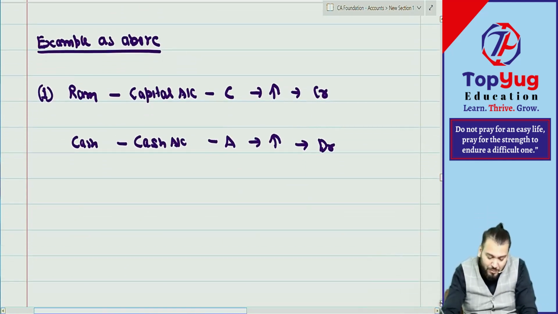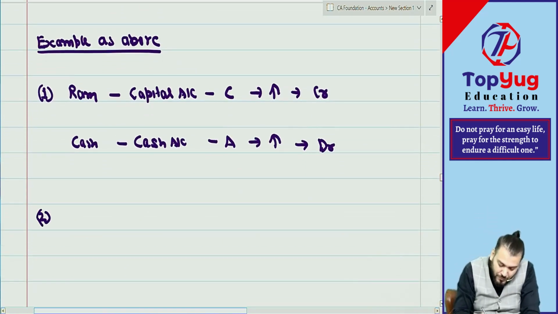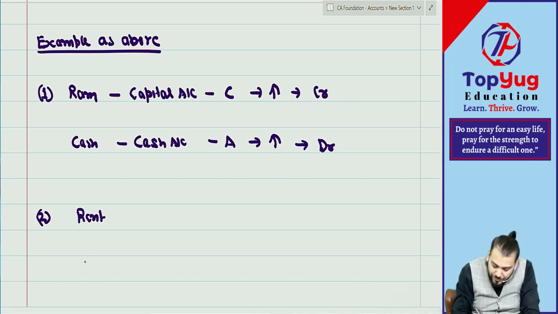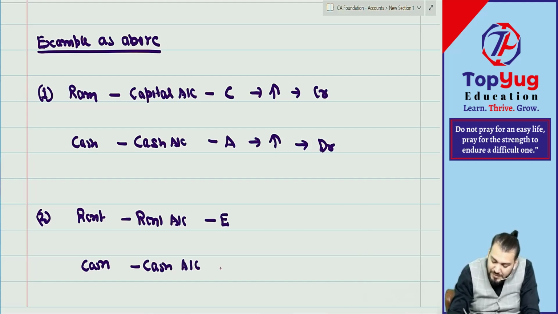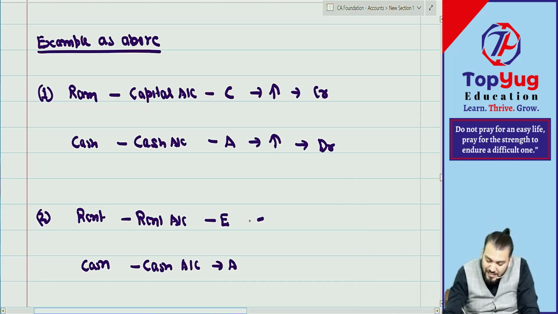Second example. What was the second example? Paid rent, and what? Cash. For rent, which account? Rent account. For cash, which account? Cash account. But rent is what? Expense. Cash is what? Asset. Is the expense increasing or decreasing?